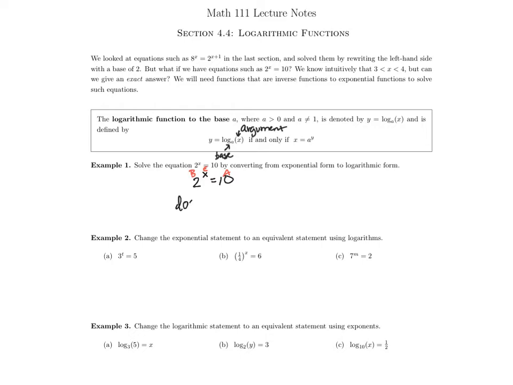So this is going to be log base 2, there's my b, with an argument of 10, and is equal to x, eggs. So this is bacon and eggs: base, answer, exponent.